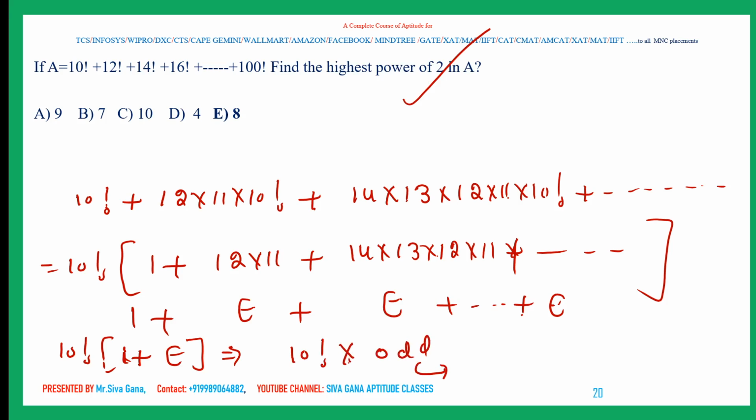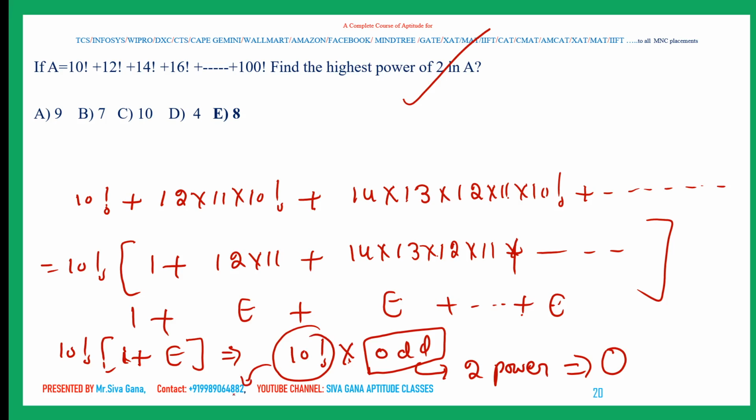For the odd term, 2 power is how much? 0. For the odd number, 2 power is 0. Now for this odd number, 2 power is not present. For the 10 factorial, the maximum power of 2, which in the previous question we have seen, is nothing but 8.